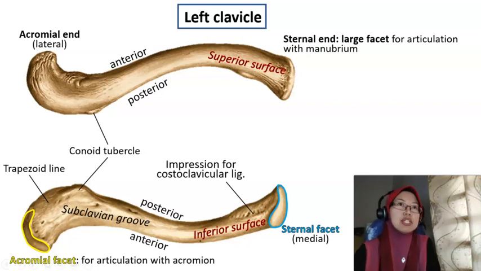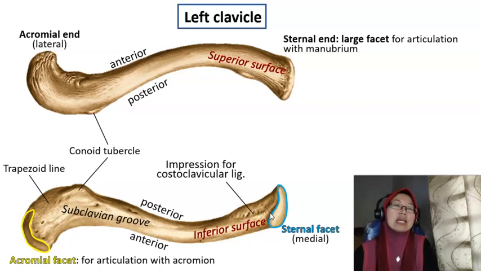Okay, as you can see from picture here, the superior part has smooth surface as compared to the inferior part, because the inferior part has subclavian groove and also this impression for costoclavicular ligament.